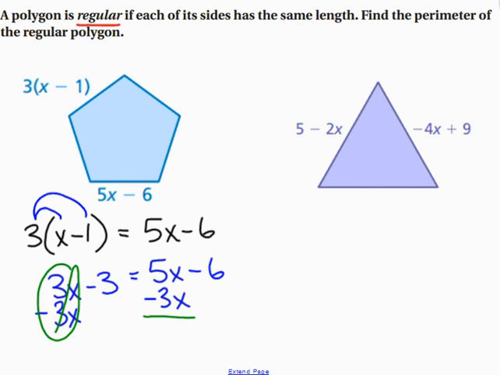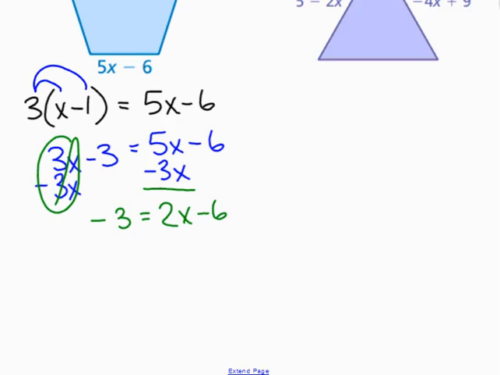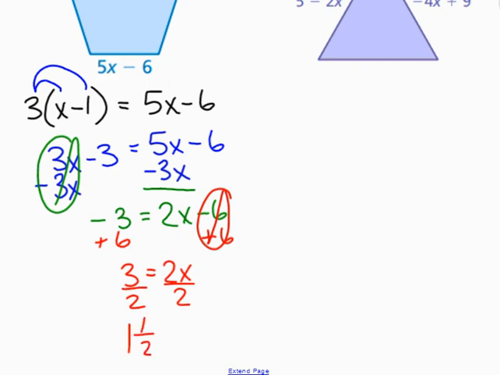And then -3 equals 2x minus 6. Two-step equation, add 6 to both sides. So 3 equals 2x, divide by 2, and each side length is going to be 1.5.